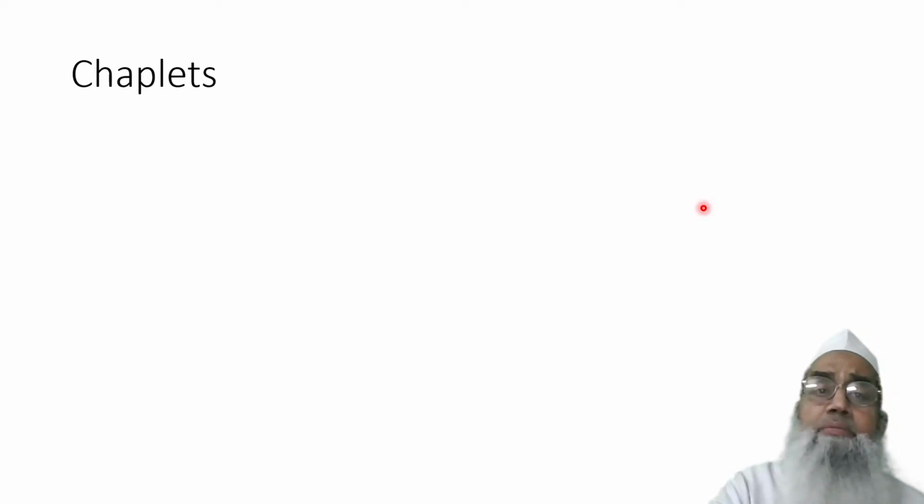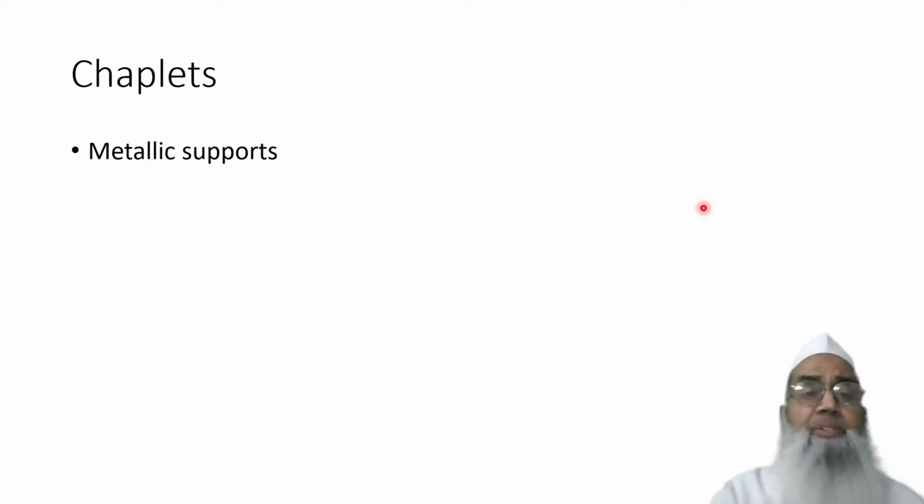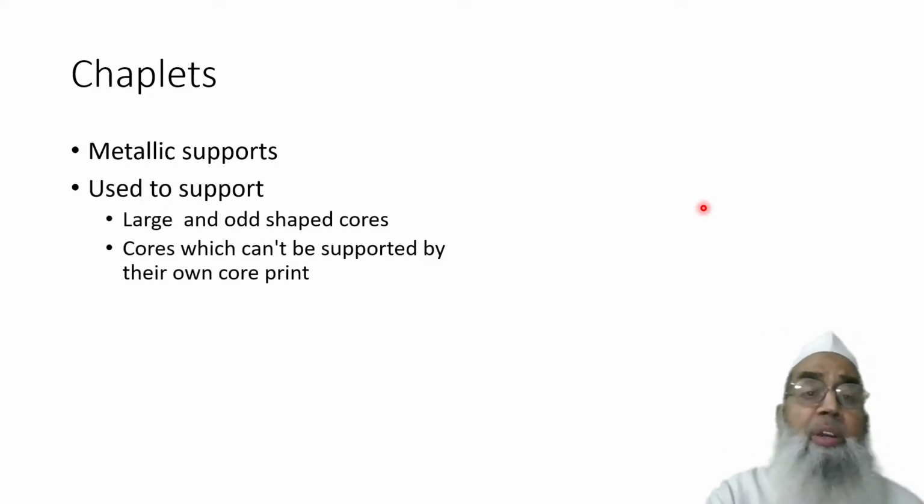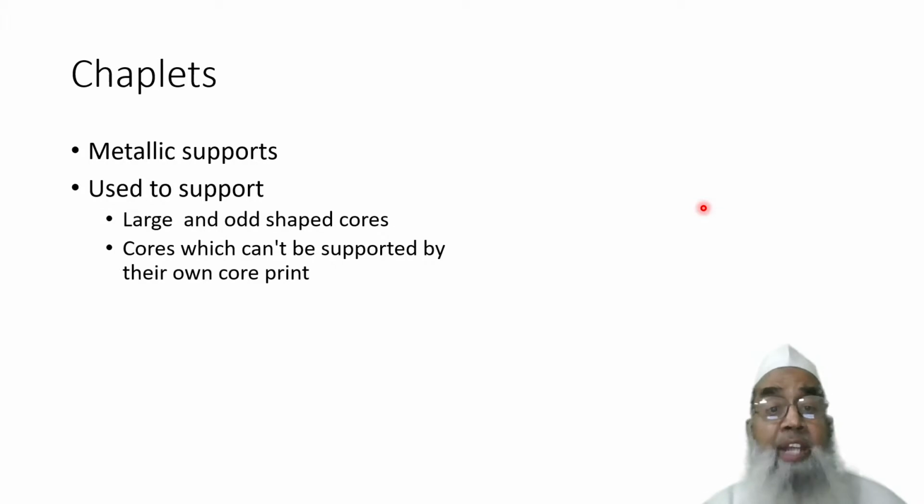Now chaplets. Chaplets are nothing but metallic supports used to support large and odd shaped cores. We have cores, and we want to assemble this core in the cavity.